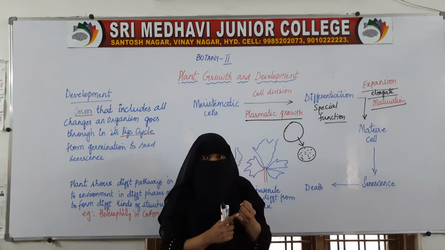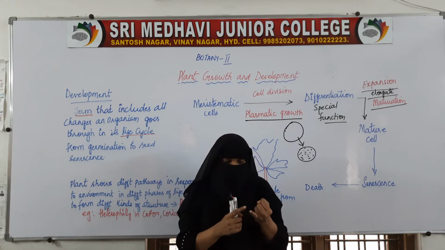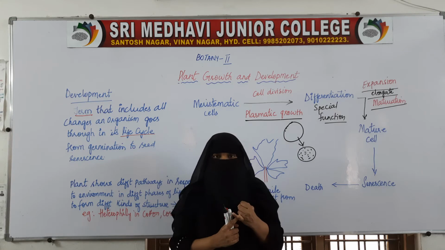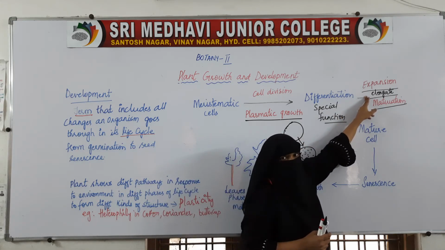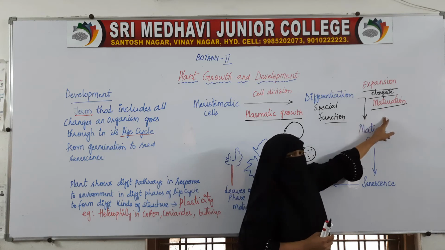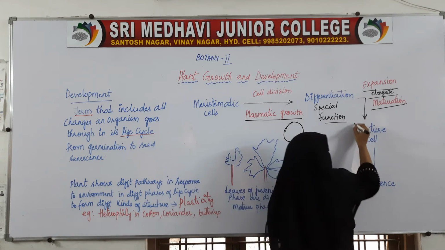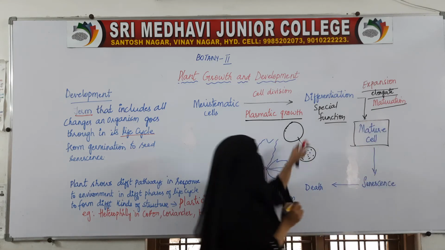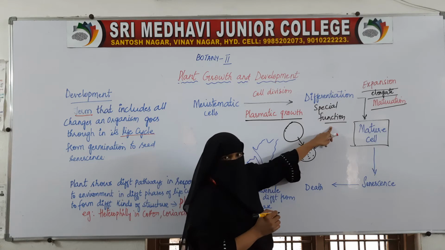The two major changes which cells undergo are changes in the cell wall and in the protoplasmic content. Then the elongation process will take place. The cells will mature. Now the cell is mature, fully able to perform the given function.